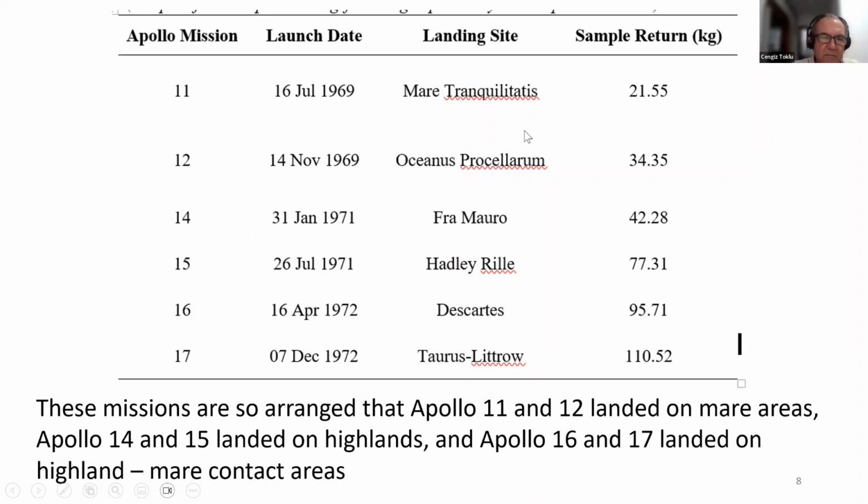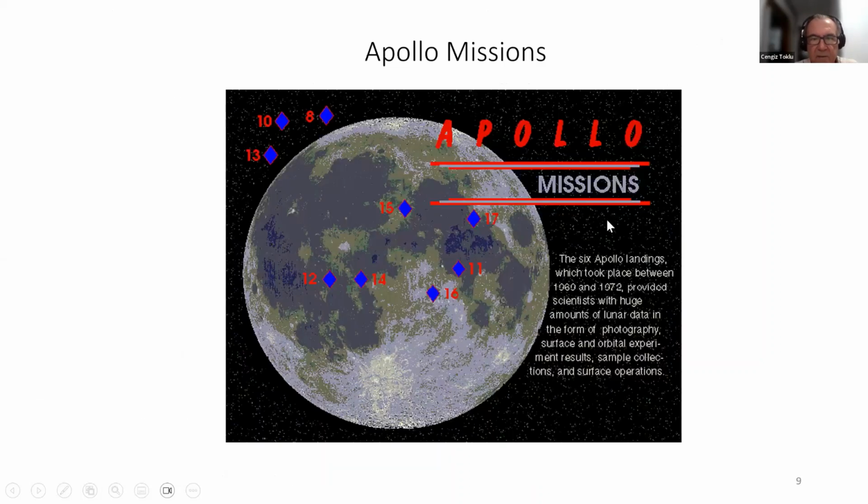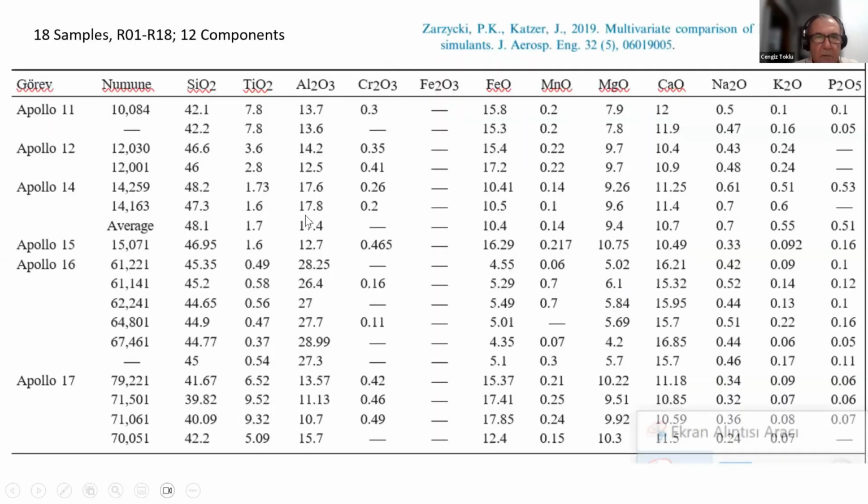Now, these are the famous Apollo missions from Apollo 11 to Apollo 17, and the samples returned through those missions. You see that the first one was 22 kilograms, the last one was 110 kilograms. So these are the positions of Apollo missions on the Moon. This table is taken from this publication, on the top, in blue color.